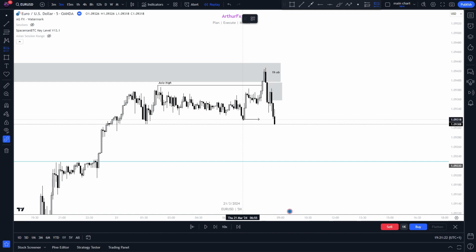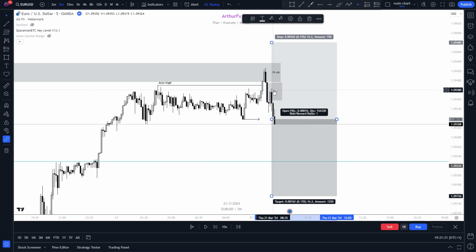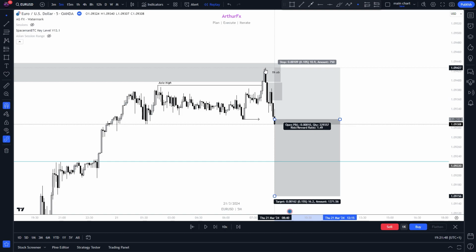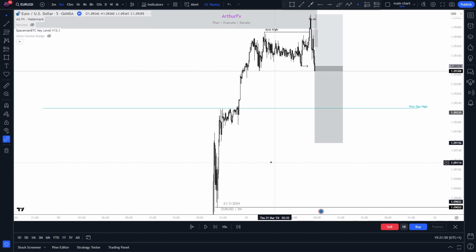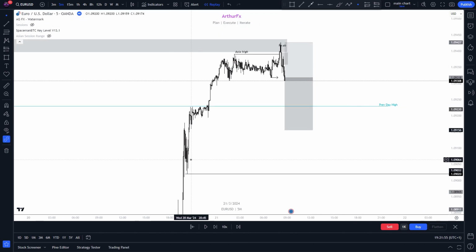Right at this market structure shift, I just market entered, because I was confident that price, once we broke this low, wouldn't come above here, because now this was supposed to be our high of the day, made during London. So yeah, I just market entered right here with my stop right above this high, and my target was this line. Now let's take a look what that line is.